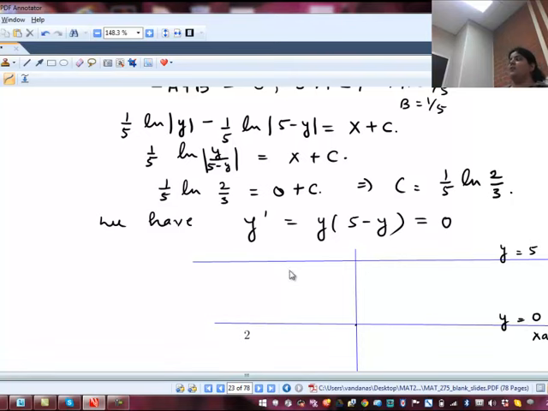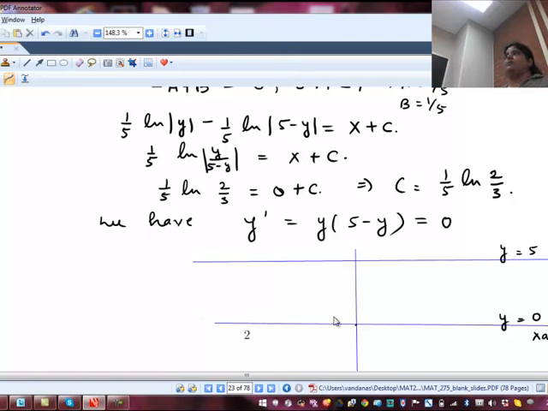Now what is happening inside this region, above y equals 5 and below y equals 0? How will the solution curve look apart from these? Now one thing is very important about solution trajectories: they don't cross each other. Solution trajectories will never cross each other. So if y equals 5 is a solution, and if there is a solution in between, it cannot cross y equals 5 and go up.